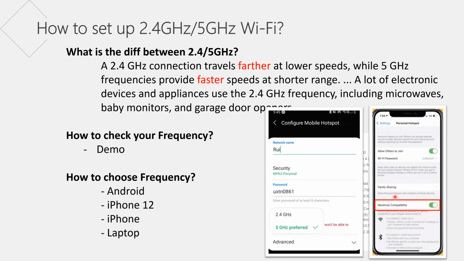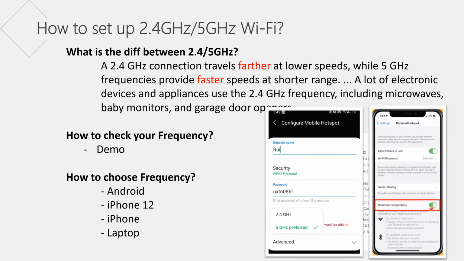For iPhone, if you are using an iPhone 12 or newer, then you should be able to find the Maximize Compatibility button here. If you are using the newest iPhone, you should be able to find this button, which means the default frequency of your hotspot is 5 gigahertz.